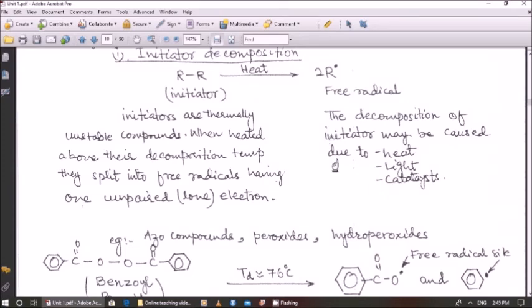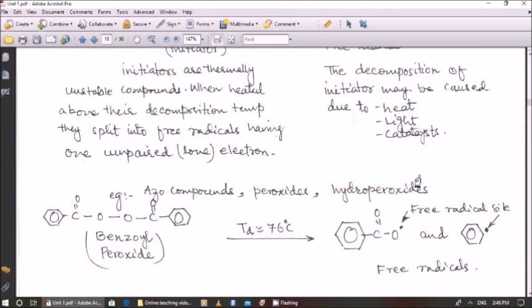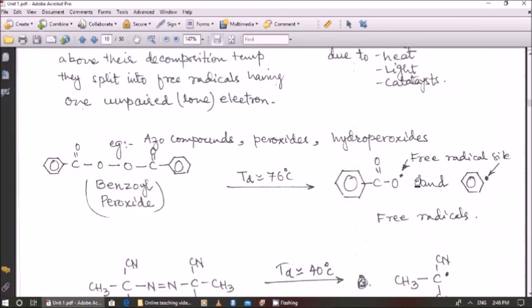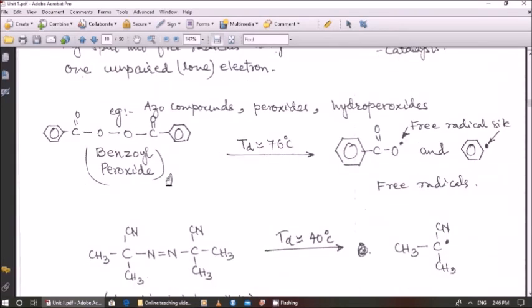The decomposition of the initiator may be caused by heat, light, or sometimes a catalyst. If it is caused by heat, this is thermal decomposition. If it is caused by light, UV light or visible light, then it is a photopolymerization reaction, and sometimes it is caused by the presence of a catalyst. So these are some examples of initiators.